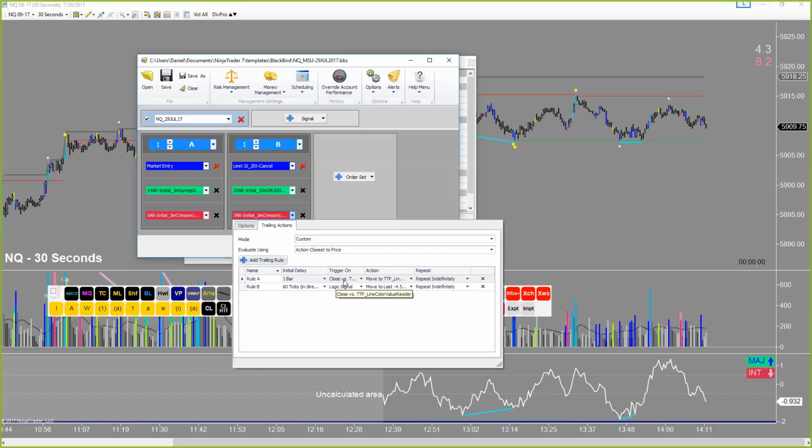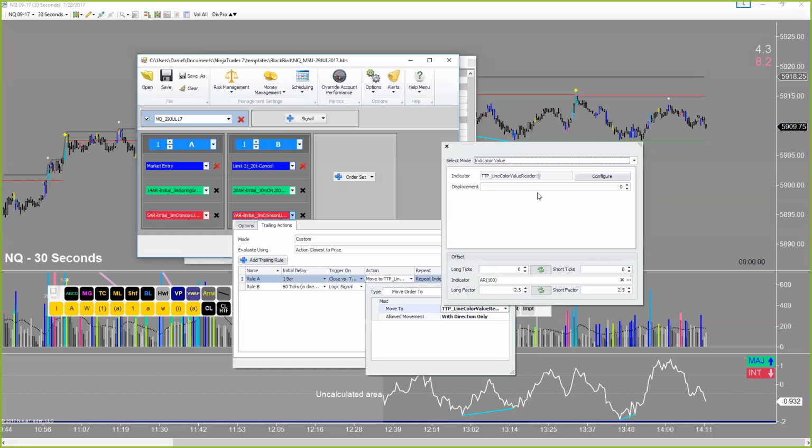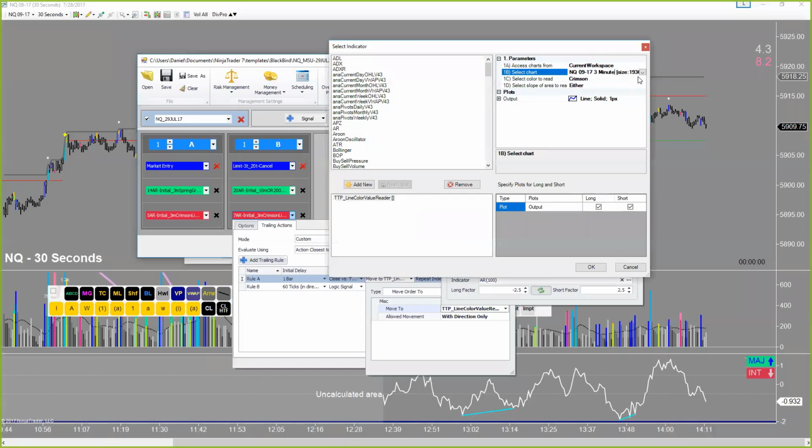When that area is defined, it will attach the order behind that line, because I can actually access any of these different charts, any different colored line, and I set it to whatever I want.